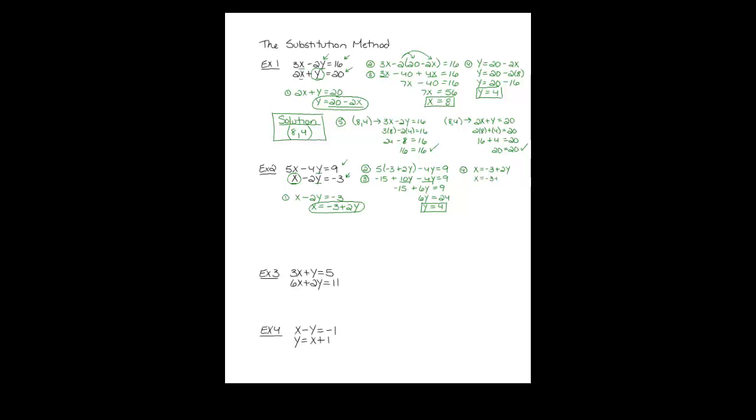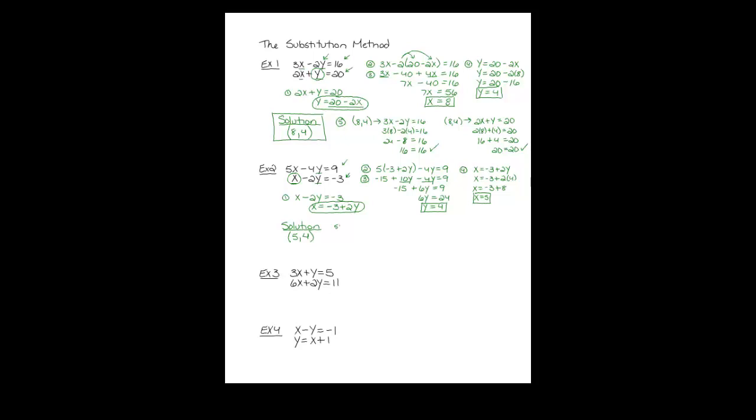So x equals negative 3 plus 2 times 4. X equals negative 3 plus 8. X equals 5. So our solution is the ordered pair 5, 4.